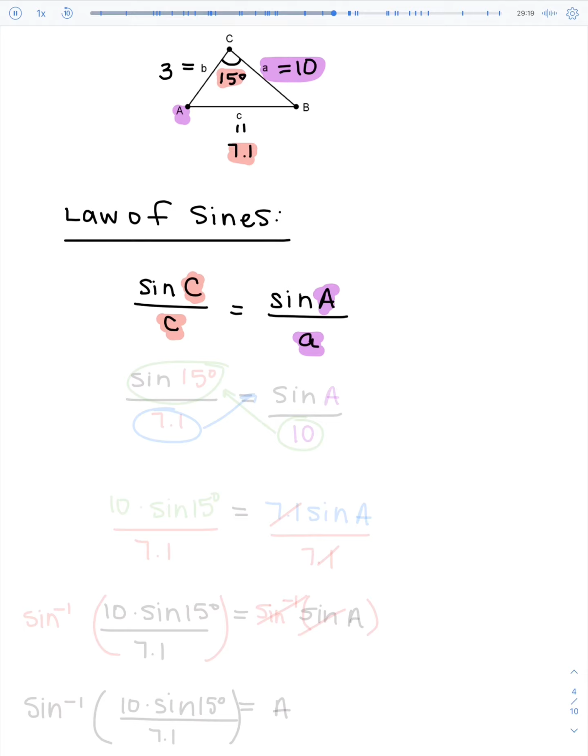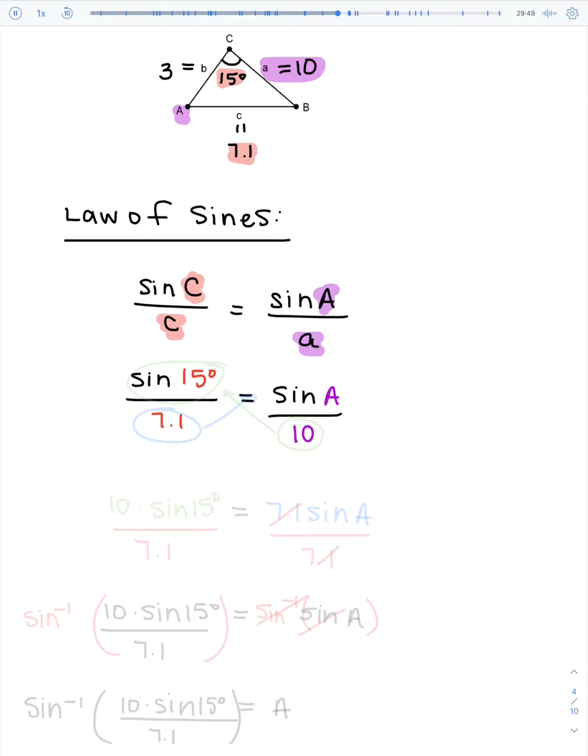So what this will look like is sine of our 15 degrees over our side C, which was 7.1, equals sine of our angle A, which we don't know, so we'll leave that blank, over our side A, which is 10.